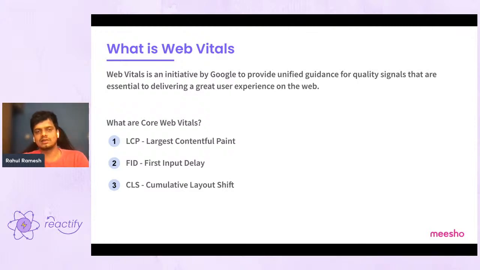Why are the other three not core? These three are quite important, and indirectly they also account for the other Web Vitals. So that's the reason we will mainly look into the core Web Vitals. Let's talk about all of these three things in detail in the coming slides.